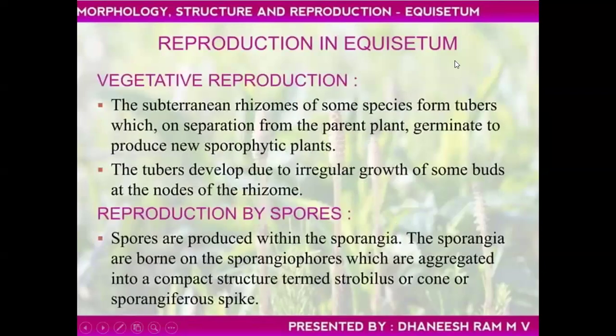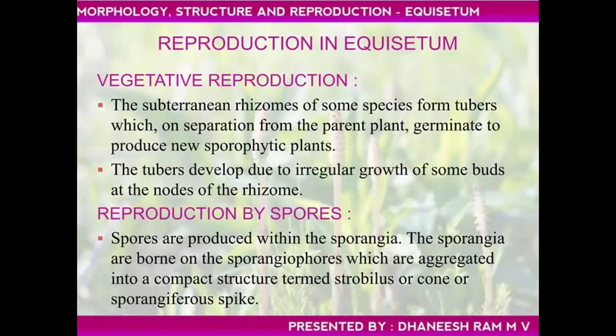Now, from the reproduction point of view, just like Lycopodium, Equisetum also reproduces vegetatively. The vegetative reproduction is carried out by the rhizome, which is present underground. During favorable conditions, these rhizomes develop some tuber-like structures on them.